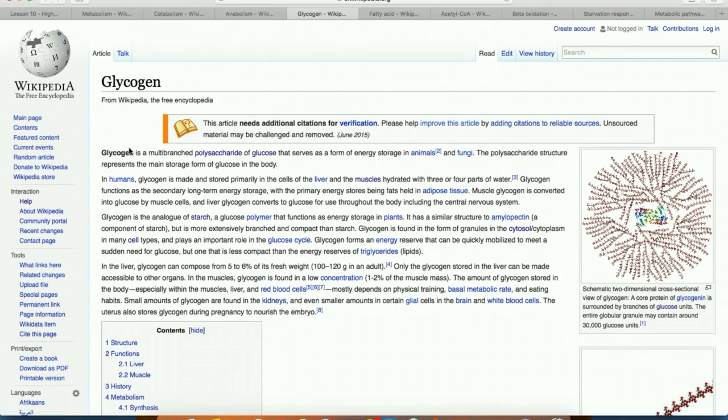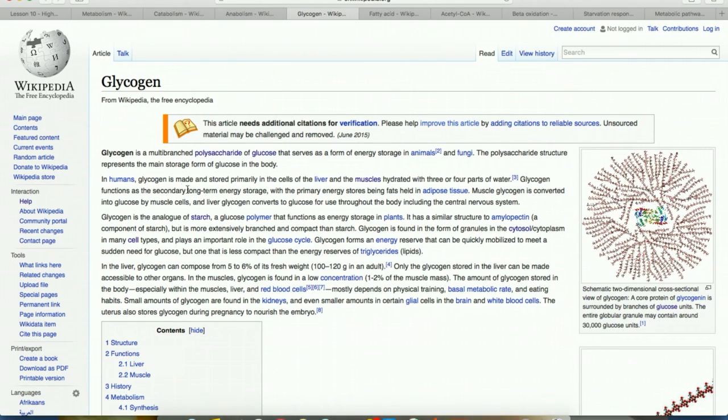So glycogen has many branches of glucose and serves as a form of energy storage in animals and fungi. So this type of organisms have glycogen. The polysaccharide structure represents the main storage form of glucose in the body.